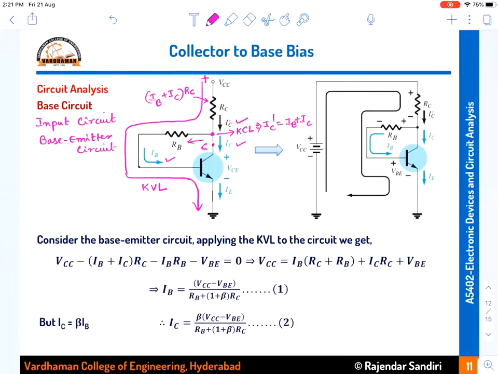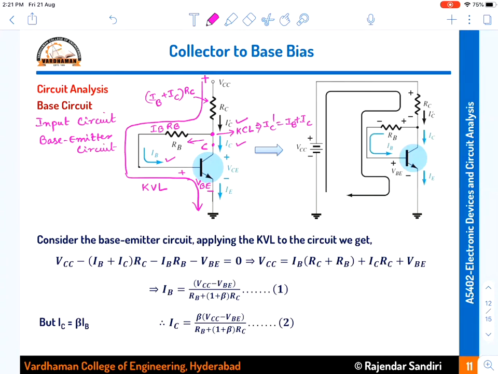Then what will be the voltage across the RB resistor? IB RB. Then what will be the voltage in the base emitter loop? Plus or minus VBE. Now keep on adding all these things, and you will get the KVL.